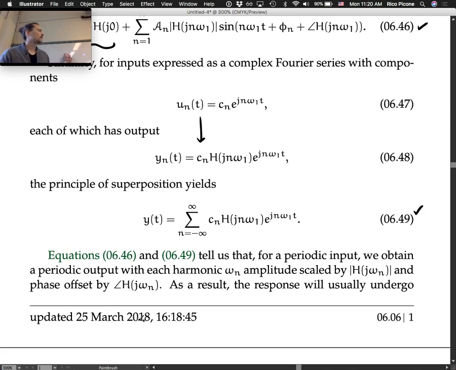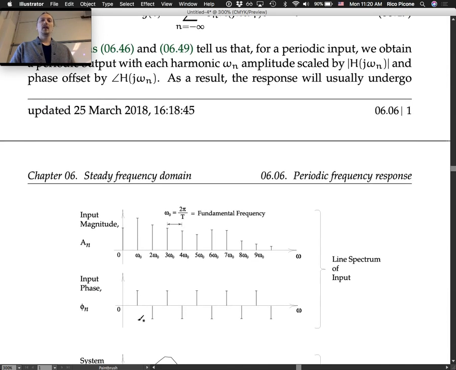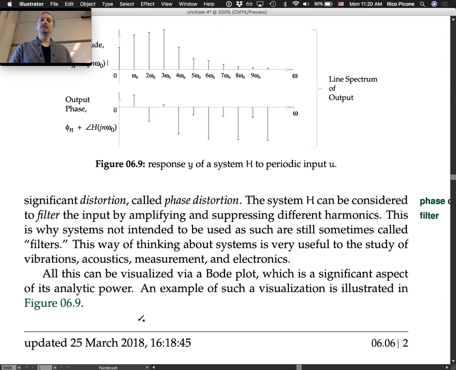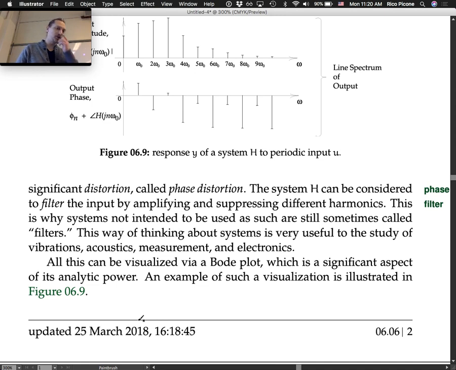As a result, the response will usually undergo significant distortion called phase distortion. The system H can be considered to filter the input by amplifying and suppressing different harmonics.